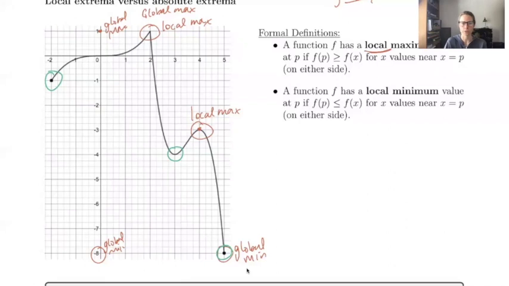Okay, talk about the derivative. Let's start naming these points here. What is the derivative when x is equal to 2? What's the derivative when x is equal to 3, 4? And notice these places are where I've circled. Yeah, be careful about 2. If we zoom in, this is actually a sharp cusp.